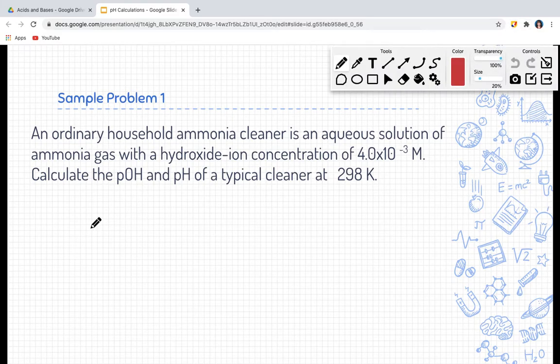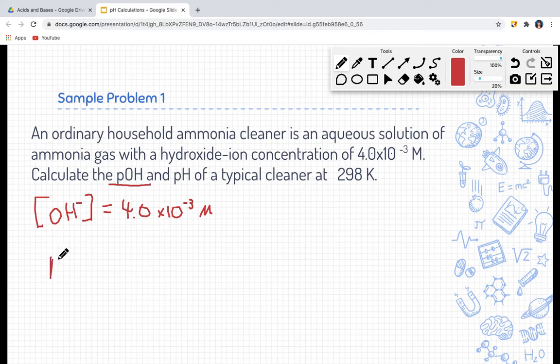Okay, so the easiest thing to do, they gave us the hydroxide concentration, and they said that that was 4.0 times 10 to the negative third molar. Now the easiest thing to find from there is pOH.